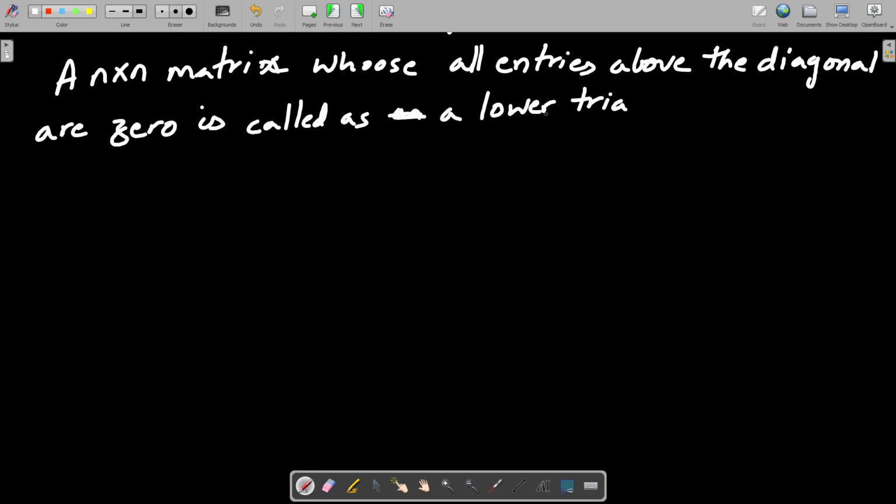That's why it's called lower triangular. The side which has non-zero entries, that side's name it gets. If it has upper side non-zero entries, then it will be called as upper triangular. If it has lower side, then it will be called as a lower triangular.